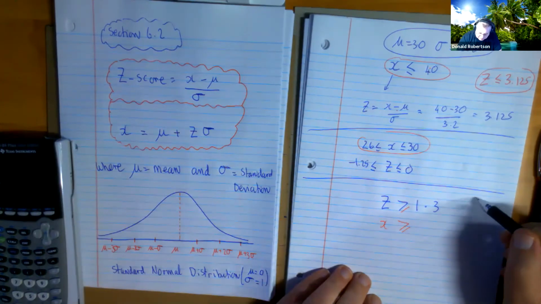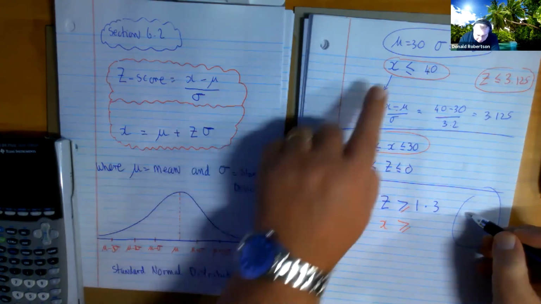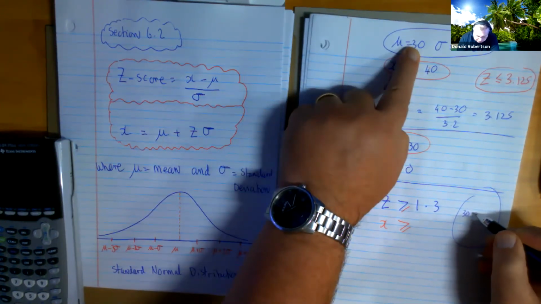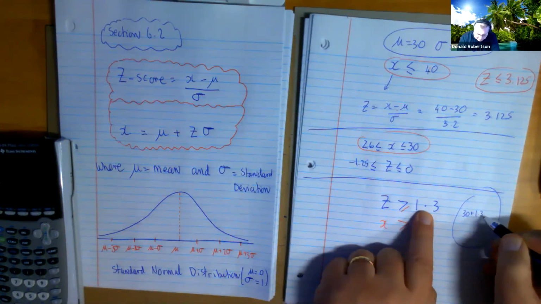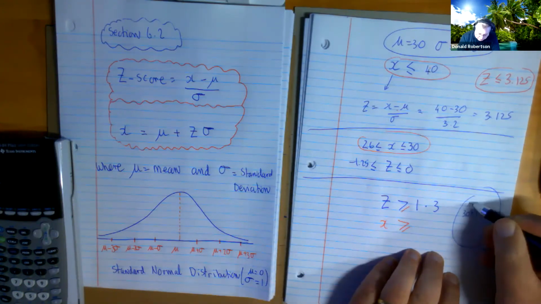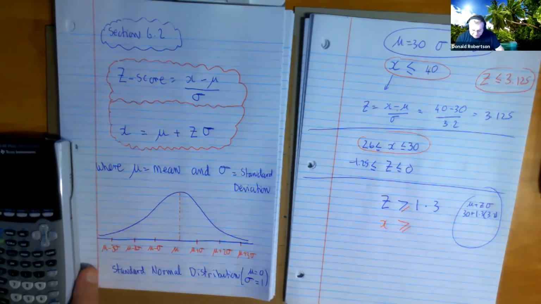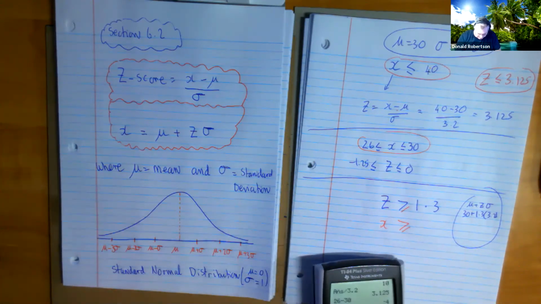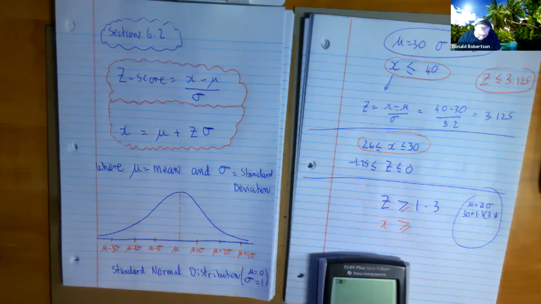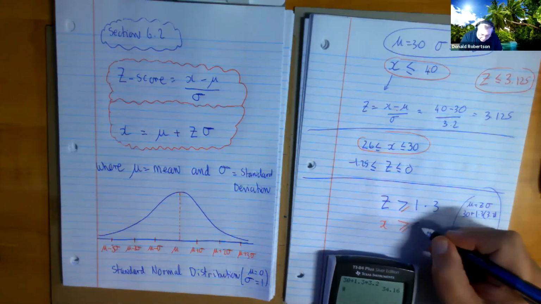It's the mean, 30, plus the z-score, 1.3, times the standard deviation. So mu plus z sigma. And on my calculator, it's 30 plus 1.3 times 3.2, and I get 34.16.